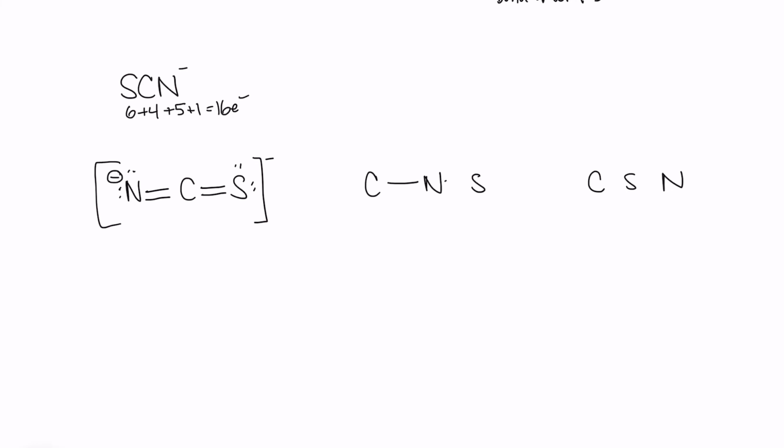So again, I'm going to draw my single bonds, and then I'm going to fill in my electrons. That'll be 6, 8, 10, 12, 14, 16 electrons. My nitrogen doesn't have an octet, so I'm going to do the same procedure, erasing some of those electrons on the outer atoms and making double bonds to the central atom. And at this point, everybody has an octet. My formal charge on sulfur is 0.